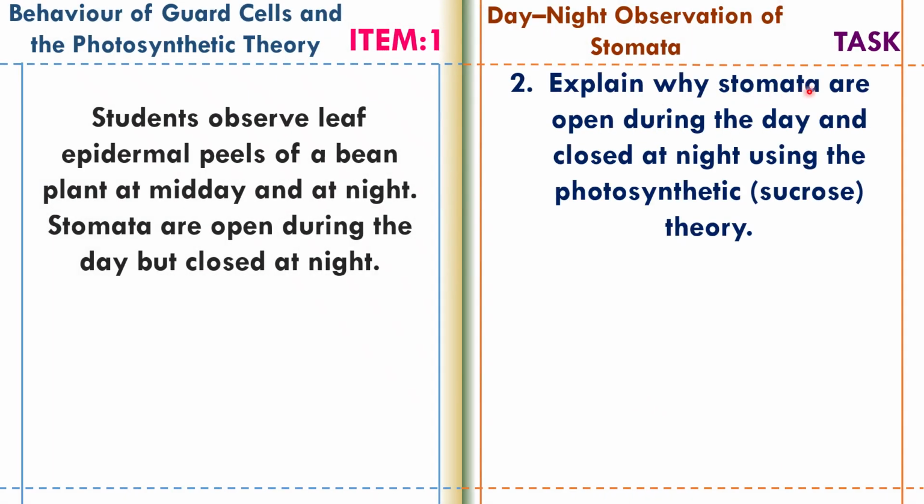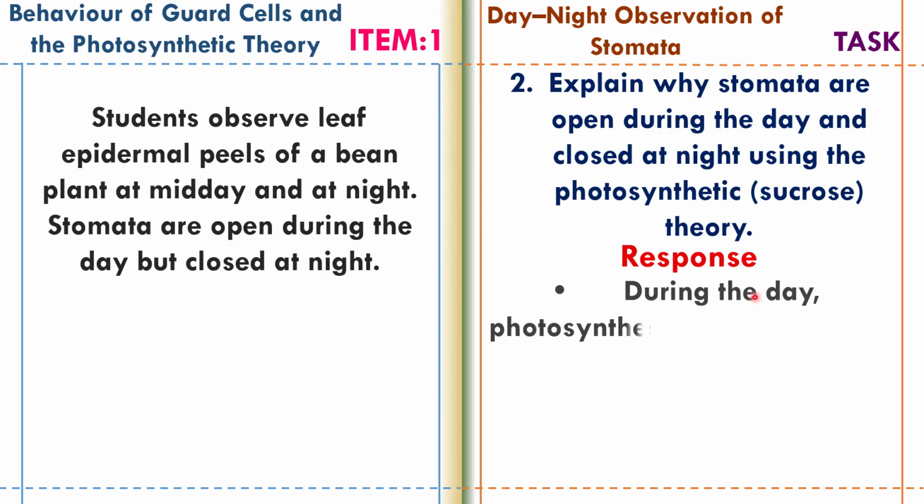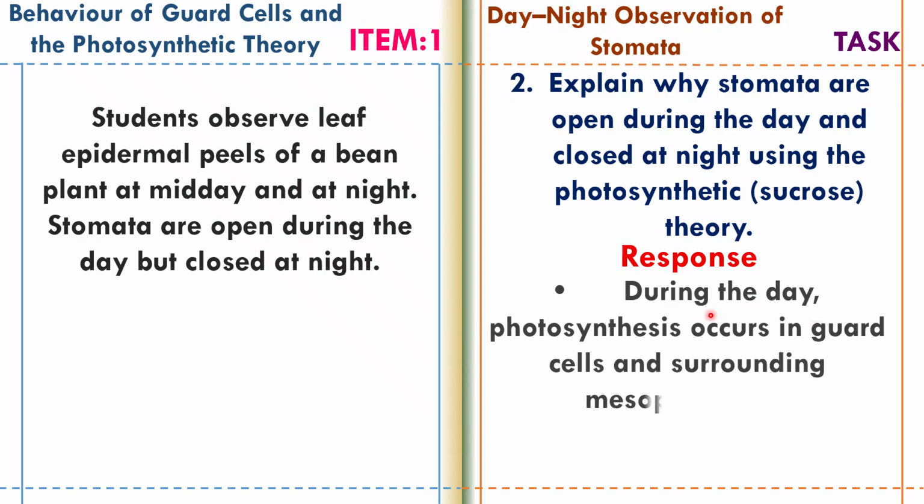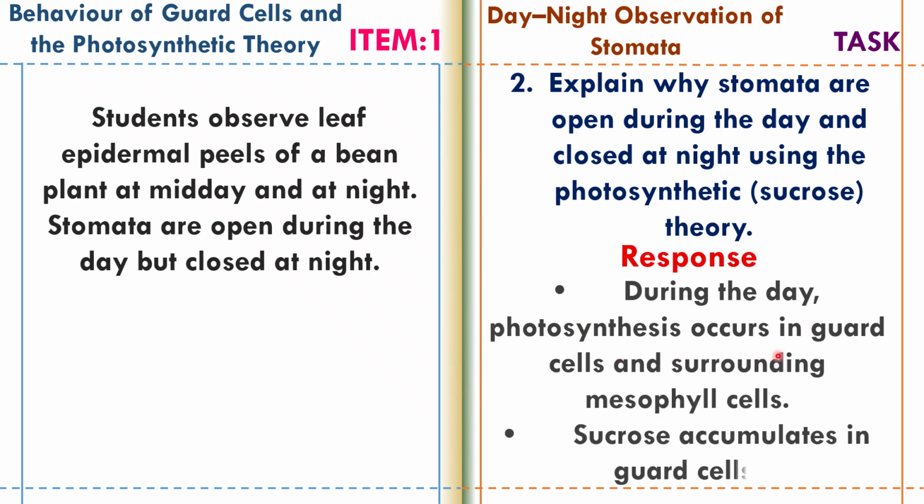Explain why stomata are open during the day and closed at night using the photosynthetic sucrose theory. During the day, photosynthesis occurs in the guard cells and surrounding mesophyll cells.